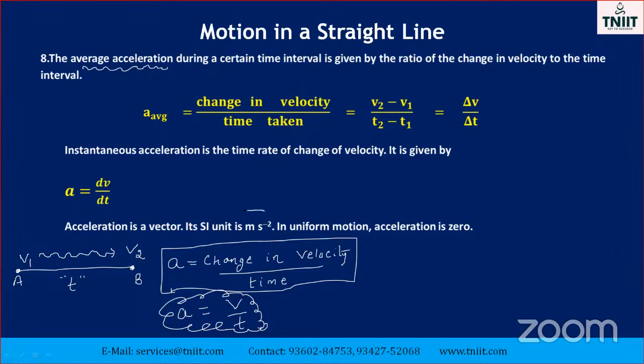The SI unit is meter per second squared. This also can be written as m s minus 2.